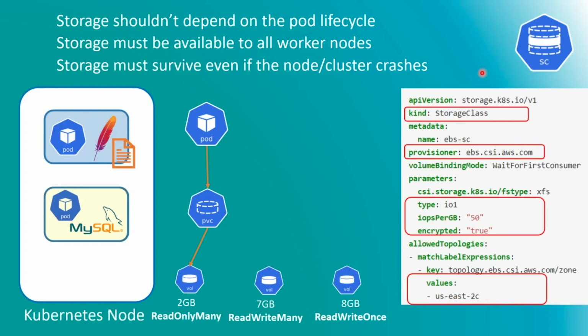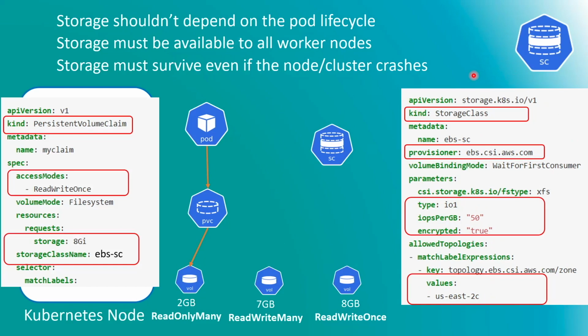This is a sample Kubernetes manifest file to create the storage class. When we execute this manifest file, it will create a storage class. Now, when I create the persistent volume claim, I specify the access mode, the storage volume, how much volume I need, and then the storage class name instead of specifying the persistent volume name.